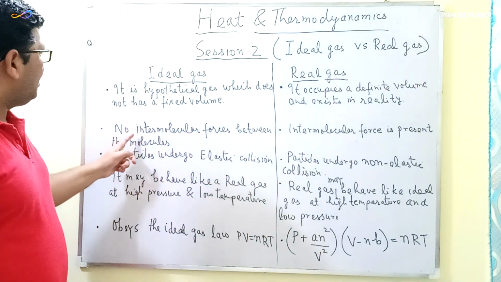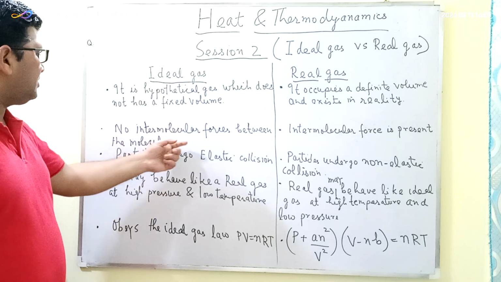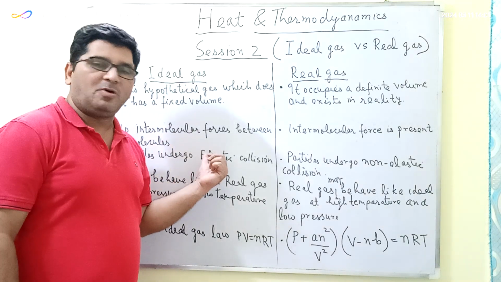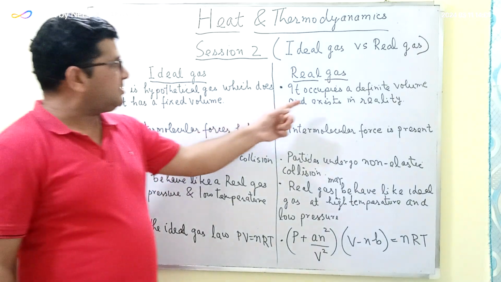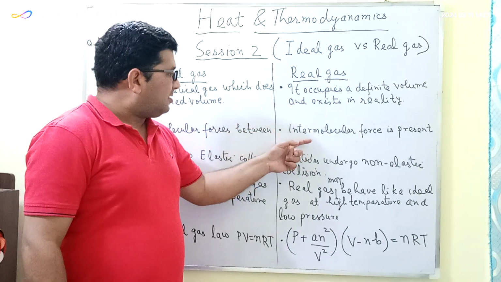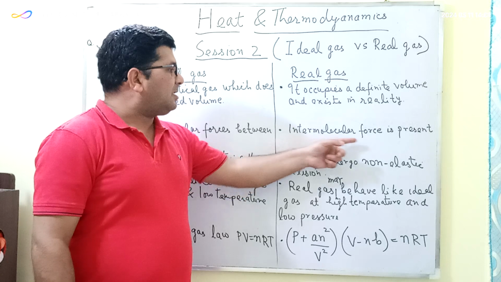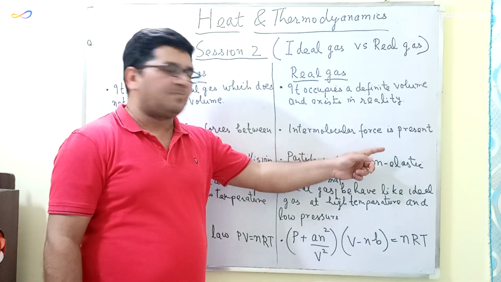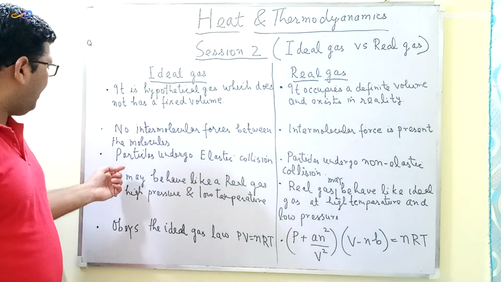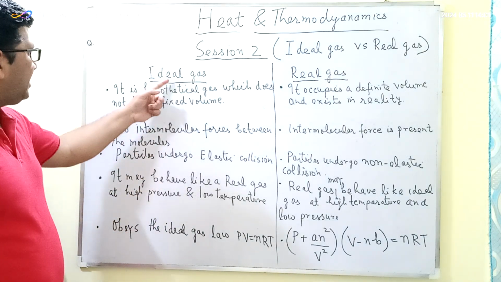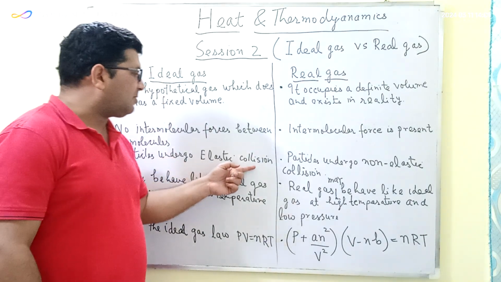The second point is that in the case of ideal gases, there is no intermolecular force of attraction or repulsion between the molecules. Whereas in the case of real gases, the intermolecular force of attraction or repulsion between the molecules is present. Third point, the particles in an ideal gas undergo elastic collision.